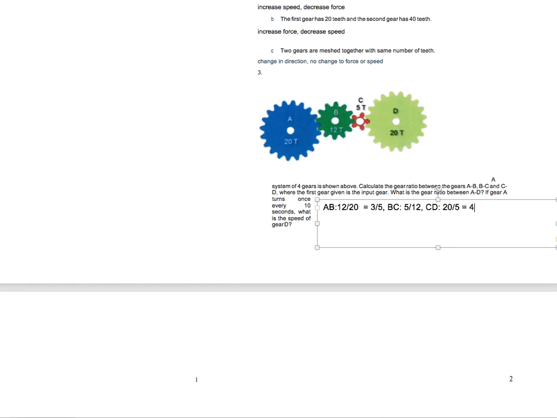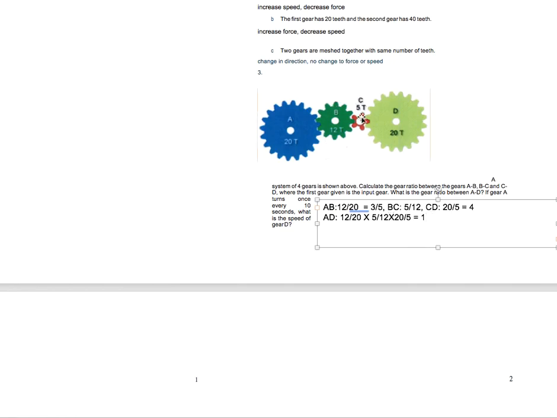And then we want the ratio A, D. Well, you've got 12 over 20 times 5 over 12 times 20 over 5. And if you do that, you get 1.